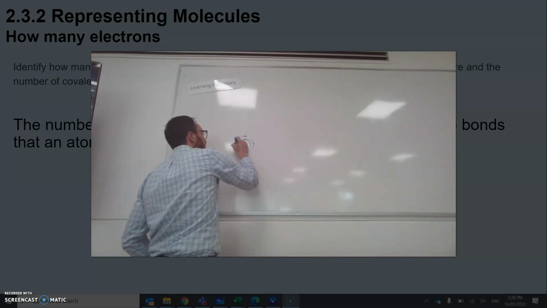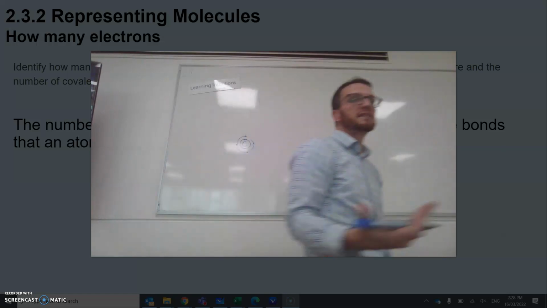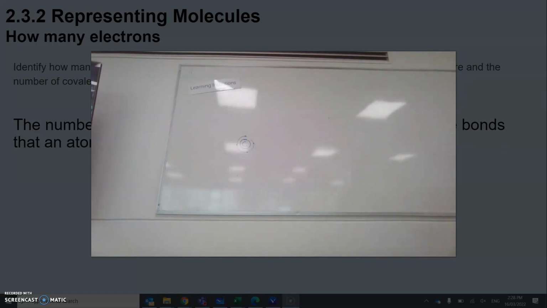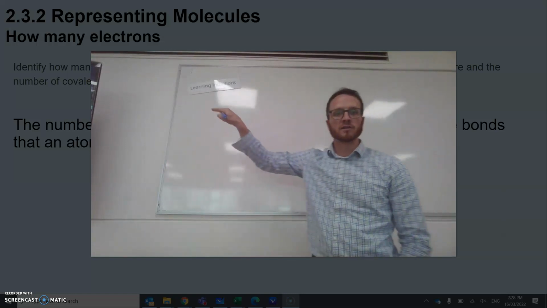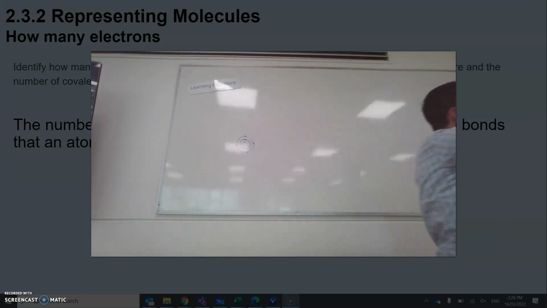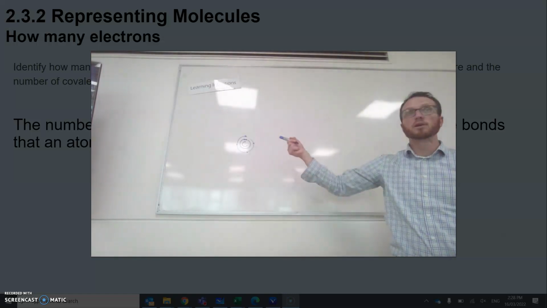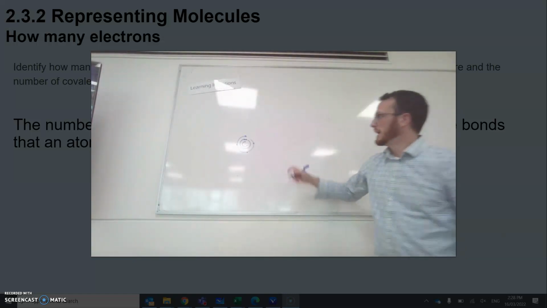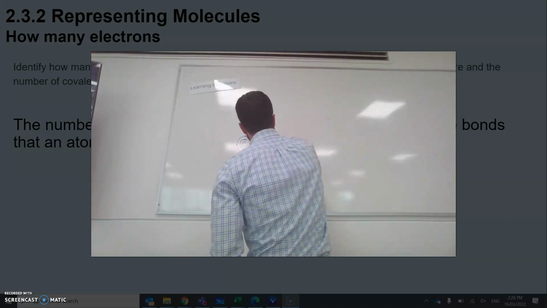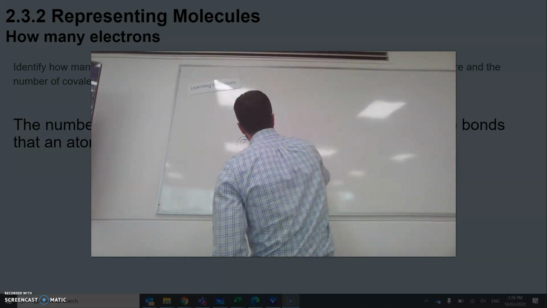And remember I said we go up to 4 before we start pairing them up. That make sense? The number of unpaired electrons is the number of bonds that it's available to form. So carbon has 4 unpaired electrons, which means how many bonds can it form? 4.